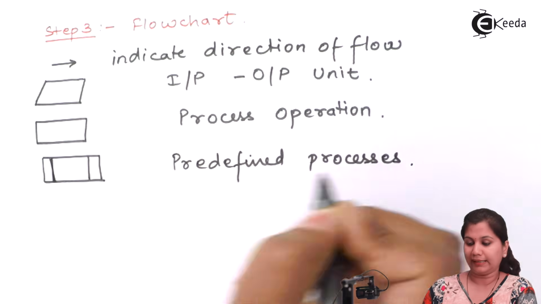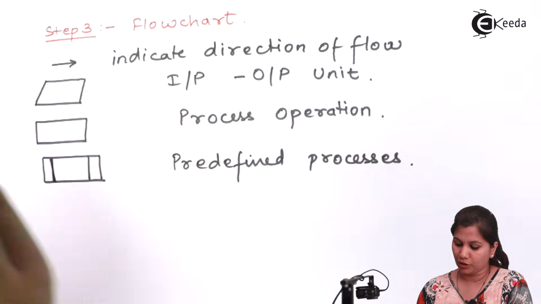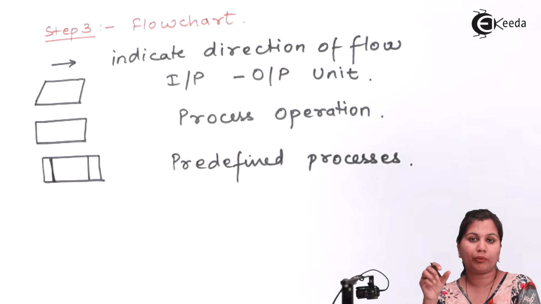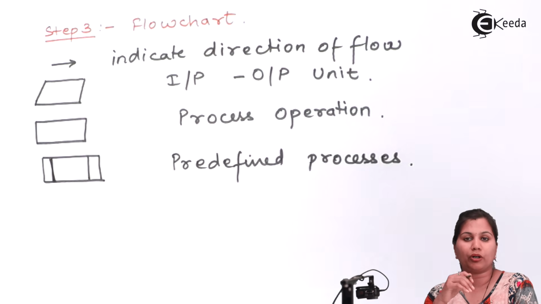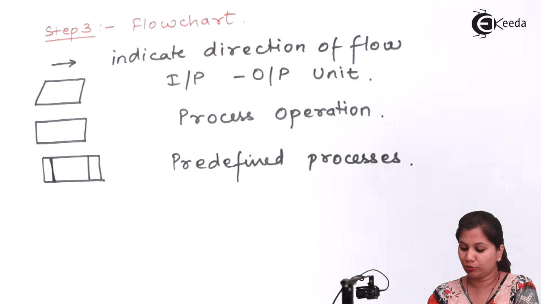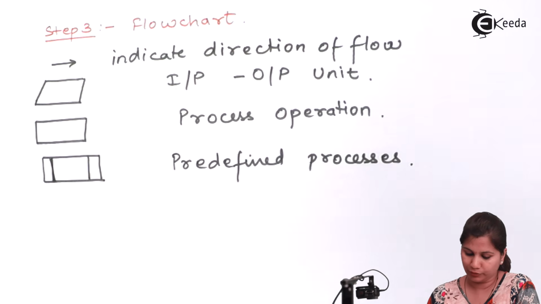Predefined processes like if any subroutine is to be executed, okay, so that subroutine is predefined, that whenever you are going to call this or you are going to execute this interrupt, then this subroutine will be executed. So these are the predefined processes in the microcontroller.